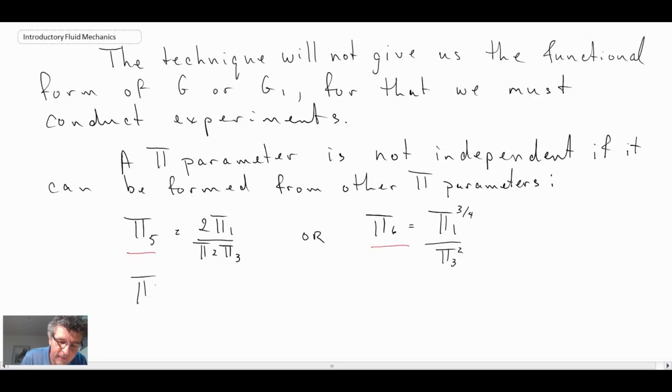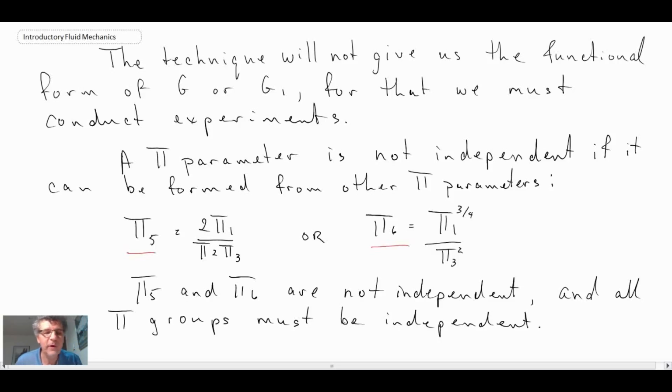Pi 5 and pi 6 are not independent because they can be formulated by combinations of other non-dimensional pi groups, and consequently we cannot call them new pi parameters. So all pi groups need to be independent of one another.